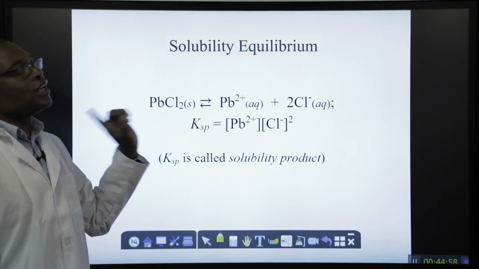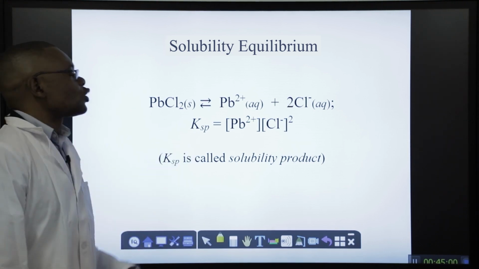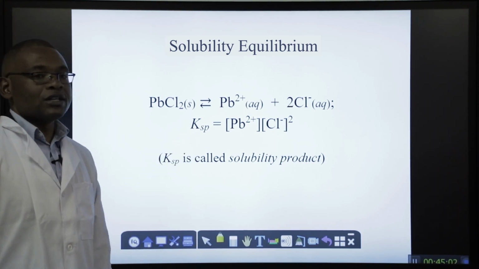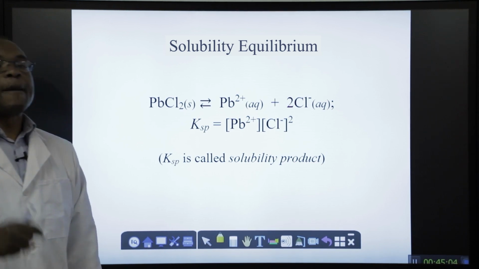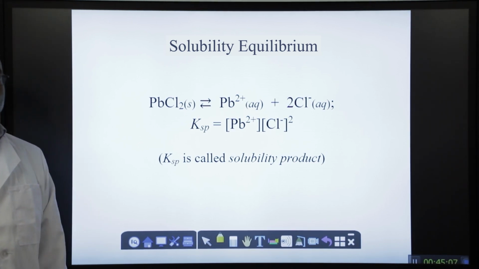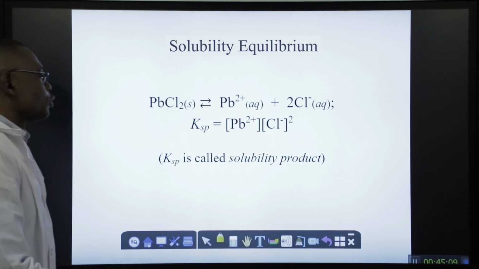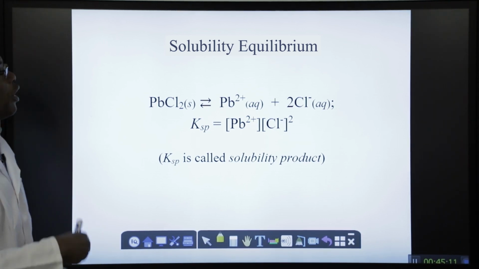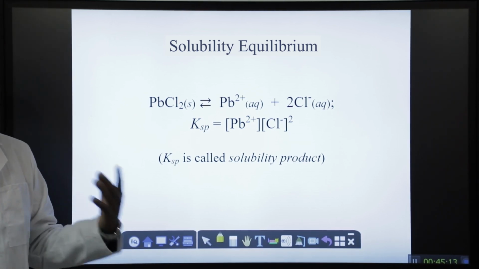And instead of Kc, we write Ksp, where sp simply refers to solubility product. It's the product of the ionic species that are produced as the material breaks down and dissolves in a liquid.